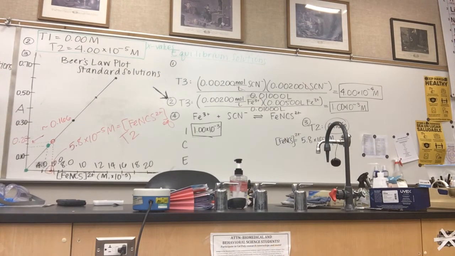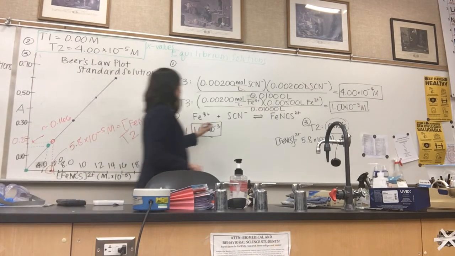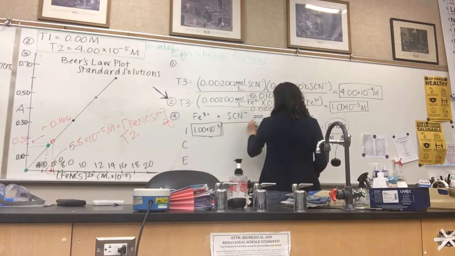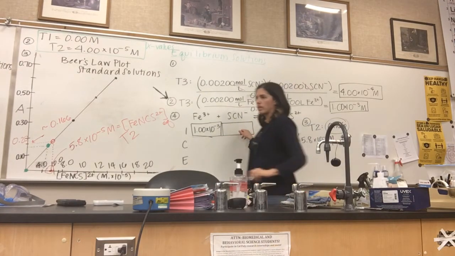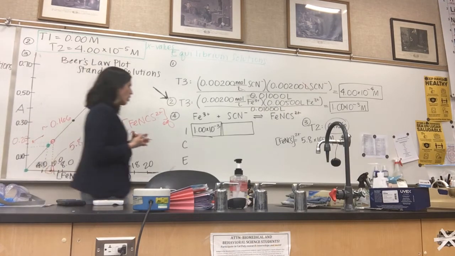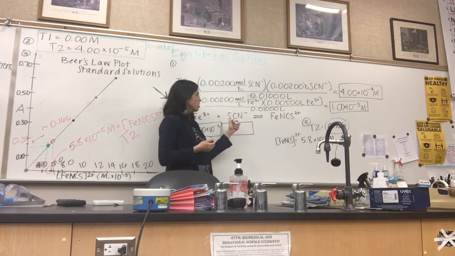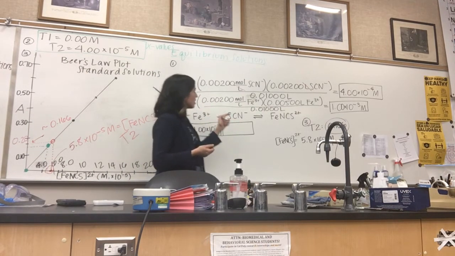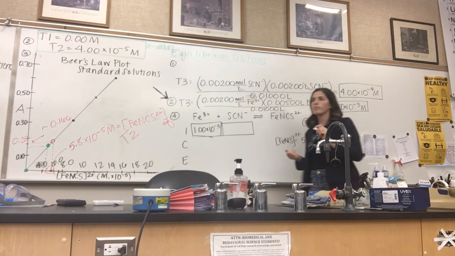All right, now go back to the ICE table. Let's look at thiocyanate. So right here, we're looking at I for thiocyanate. It says answer from number 1 above. So for trial 2 or solution 2, what was your concentration of thiocyanate?